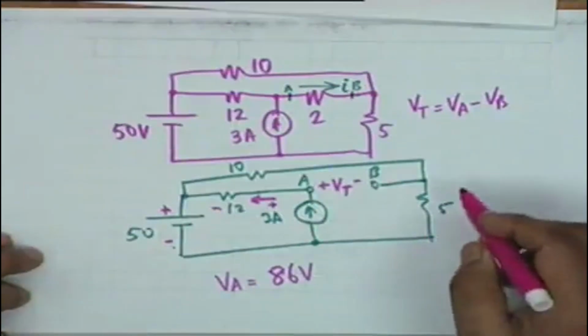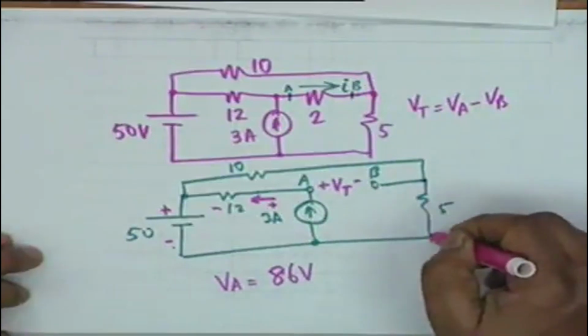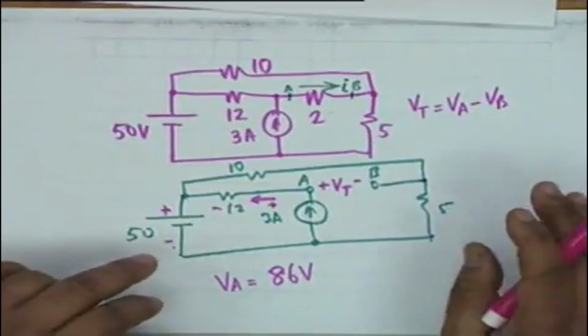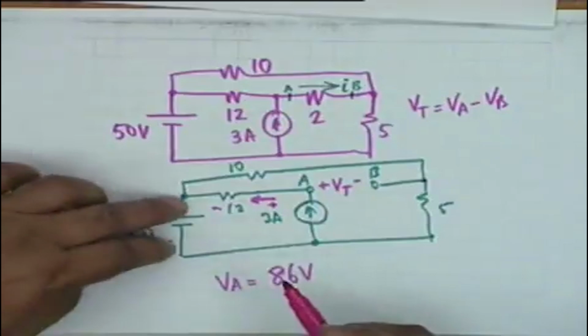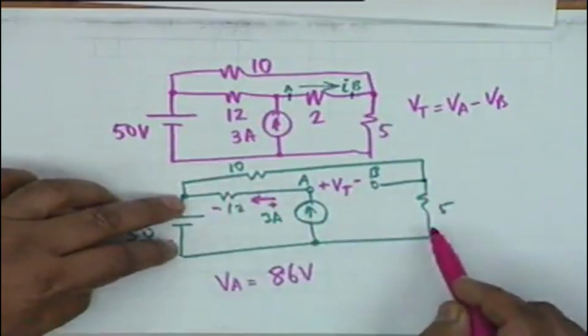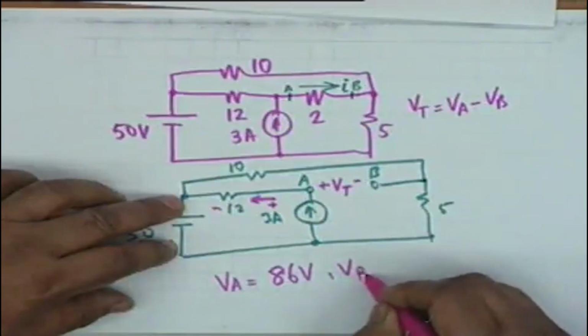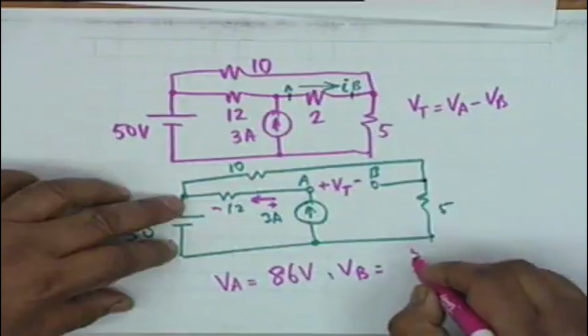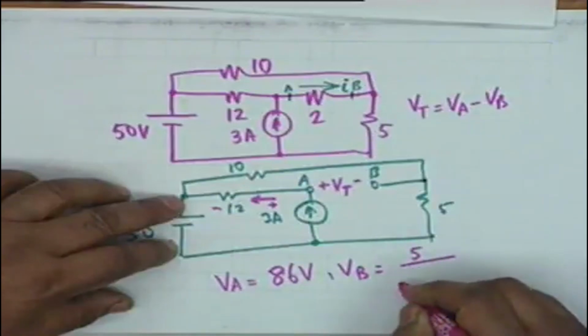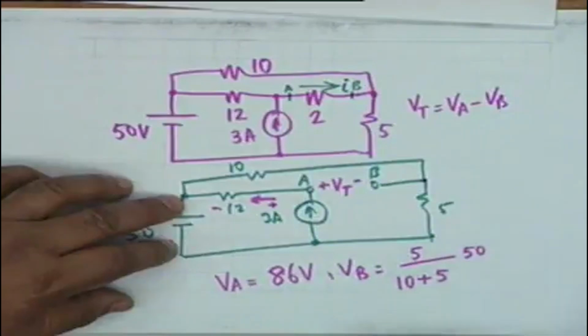Now I come to VB. VB is the voltage across this 5 ohm resistance. Agreed? And you see the configuration. This can be done by inspection. 50 volt is connected to a series combination of 10 ohms and 5 ohms. So very simple voltage division takes place, and it is 5 divided by 10 plus 5 times 50.